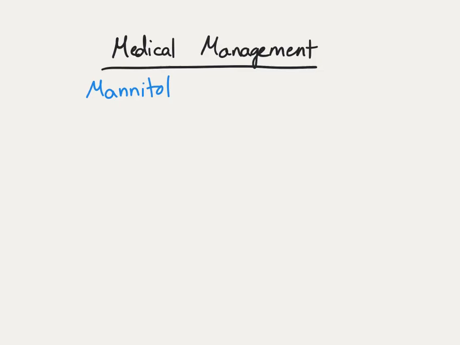This is a sugar that we inject intravenously, and through osmosis, it draws extra fluid out of the brain tissues and into the bloodstream, allowing the kidneys to filter that extra fluid out of the body. So this is particularly useful if there's any kind of swelling in the brain tissues.